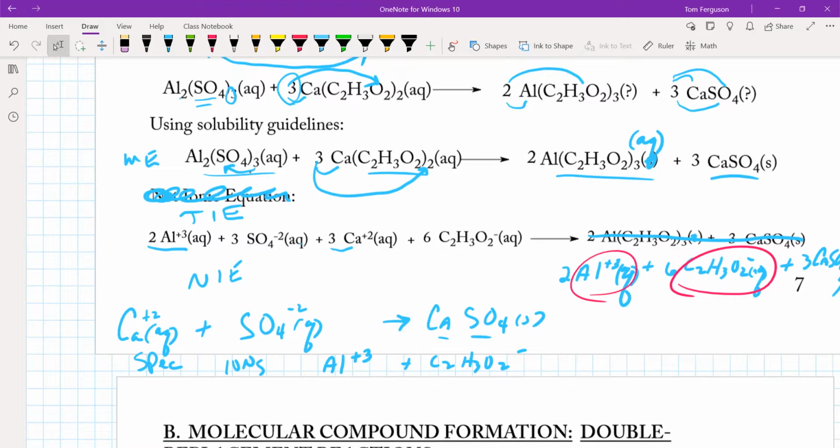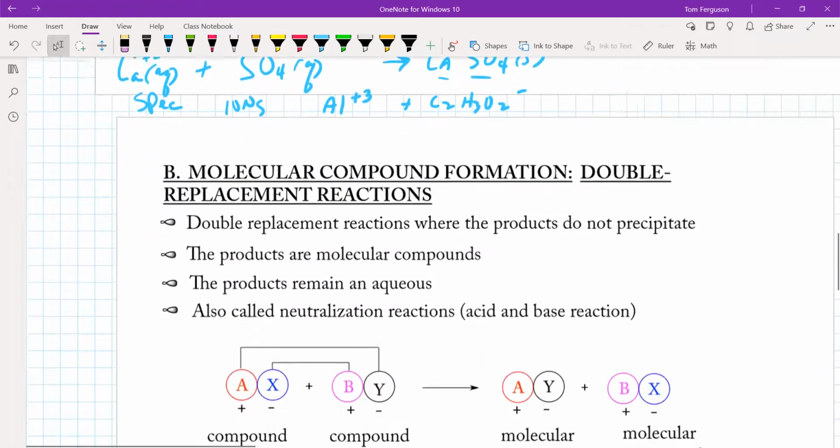So between the two, studying for your final and studying for this test, make sure you get these down, particularly lecture 1 on reaction types. You need to identify, is this a double replacement reaction, single replacement reaction, a synthesis or combination, or a decomposition. Okay, so that's the main thing I wanted to cover.